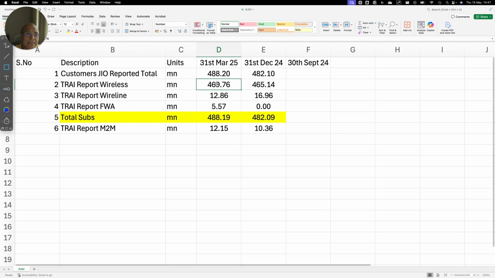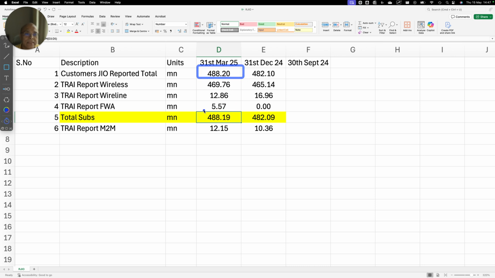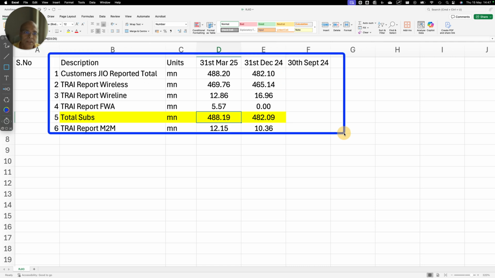And if you add this 3, you will get 488.19. This is exactly matching. So RJio's numbers, there is no change in both reporting. But how they are calculating ARPU, I do not have that insight because I do not have the revenue numbers, etc., which the other operators have reported. So that's why I am not able to do this analysis for Reliance Jio.